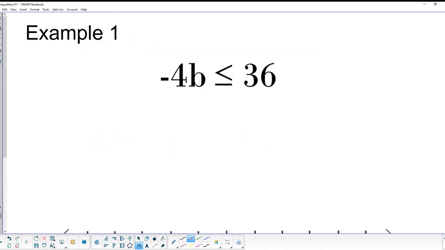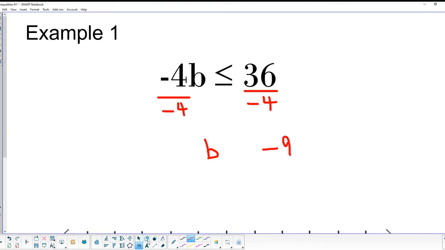We'll demonstrate it several times in the examples that we're about to show you. So in this particular problem, we notice that we've got -4 times b is less than or equal to 36. So to solve this, we're going to need to divide both sides by -4. And we end up with b on the left side, and 36 divided by -4 is -9 on the right side.